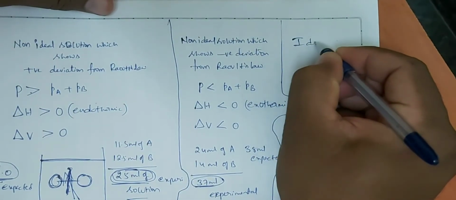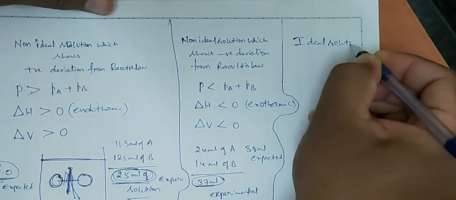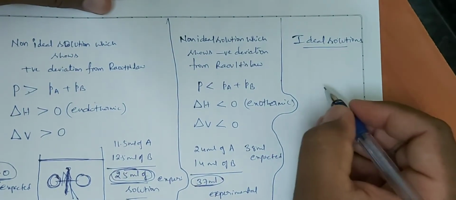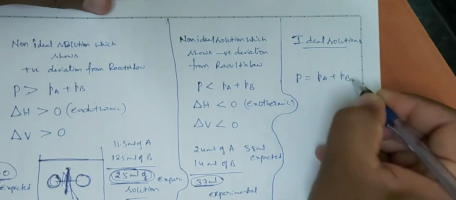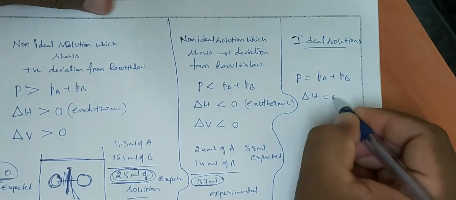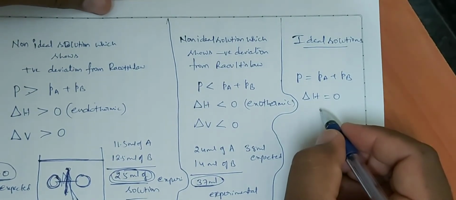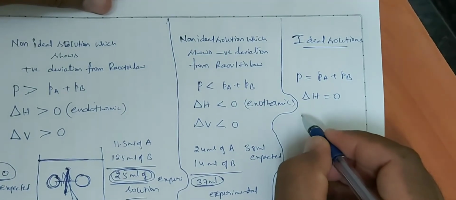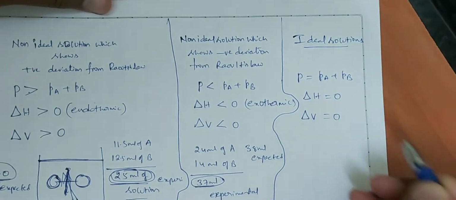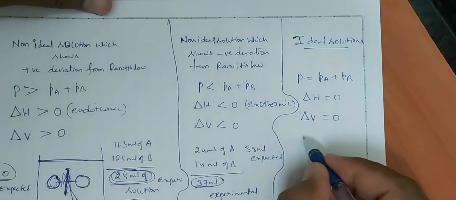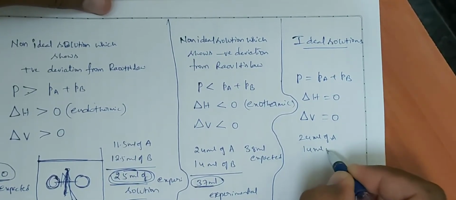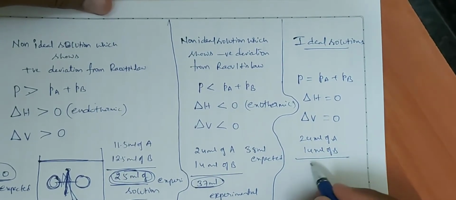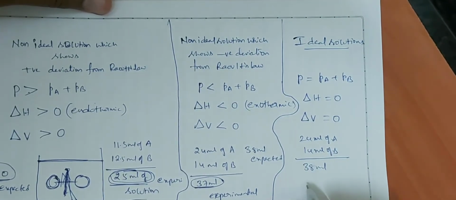And what about ideal solutions? For ideal solutions, total pressure P is equal to Pa plus Pb. Delta H is equal to 0, because no energy will be absorbed and no energy will be released. And delta V is also 0. Meaning, if you take 24 ml of A and 14 ml of B, the expected value is 38 ml.